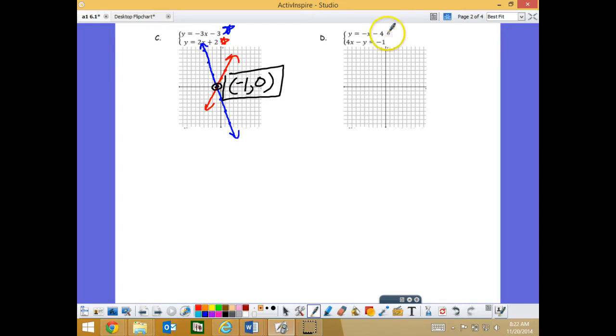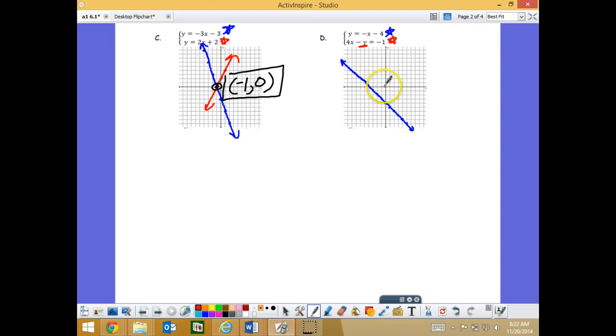And finally, D, y-intercept is a point 0, -4, with a slope of -1. And the second line is actually in standard form, so to graph this one, we will find the x- and the y-intercepts. Again, to find the x-intercept, you basically take out the y, because you're plugging 0 in for the y.